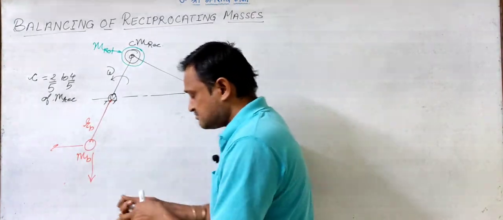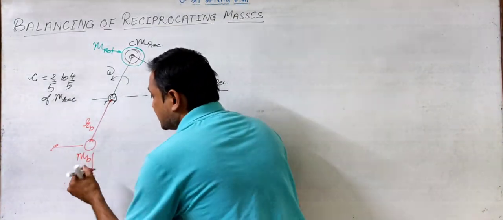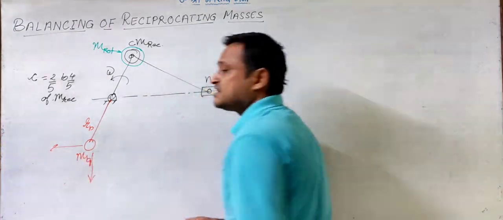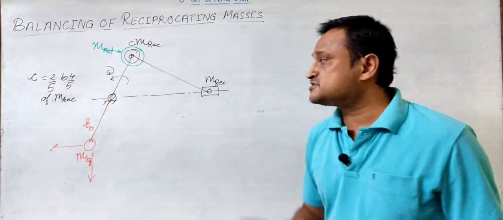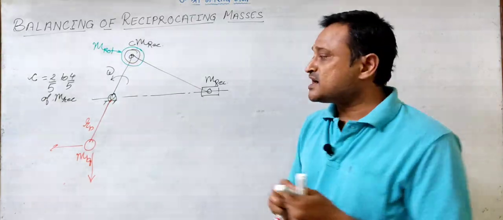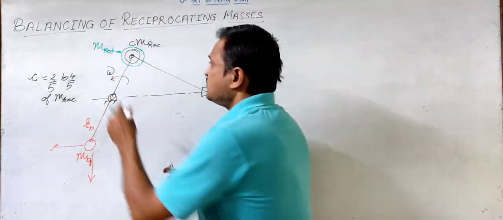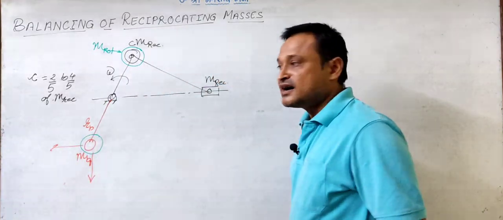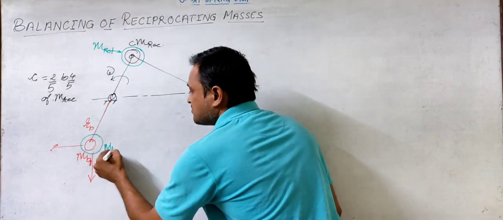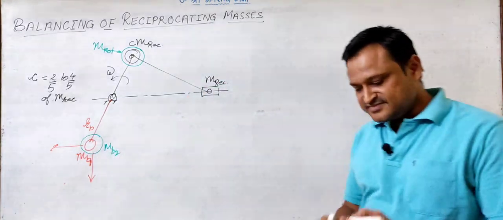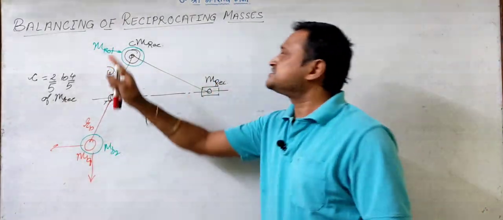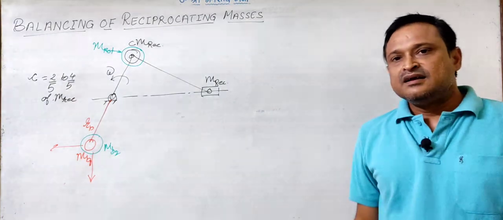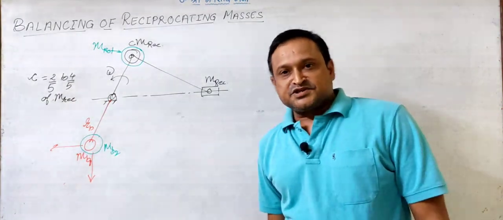So here I'll name this as, say, MB1. Now MB1 is taking care of the unbalance due to reciprocating mass. So at the same radius, for the rotating mass, I place another mass, say MB2, and this mass is taking care of the rotating unbalance of the system.